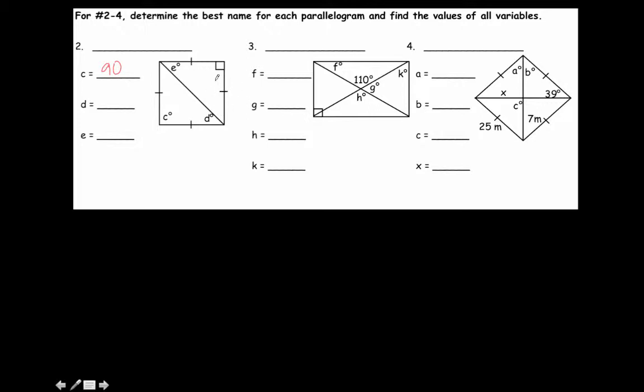But because these are equal, these are congruent, that means it's isosceles, so that means this is also E, and this is also D. So in fact, since E and D are the same, because they're opposite interior angles, and they make up that 90, they're actually each 45.